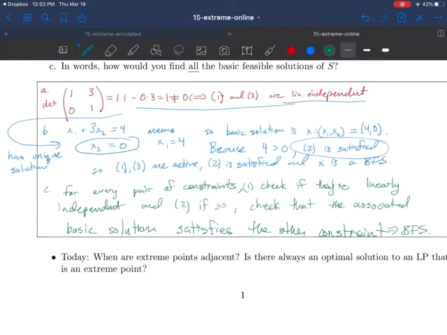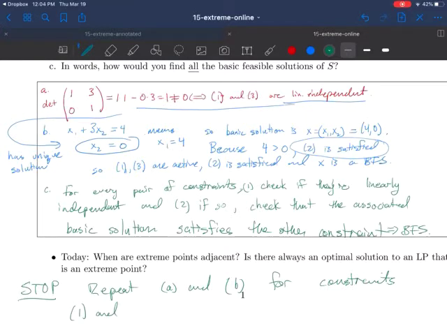Okay. I'm going to stop here, and before we move on to the rest of the lecture, we're going to stop and then repeat A and B for the other pairs of constraints. We did it for 1 and 3, so you do it for 1 and 2.